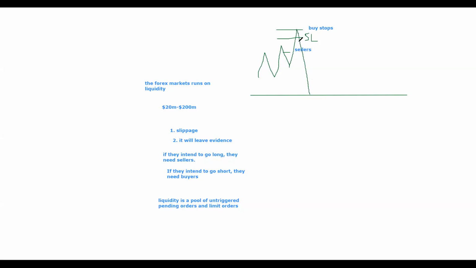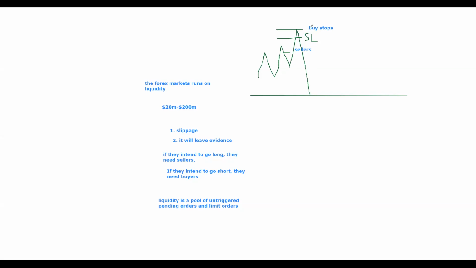What happens here? Those that are selling, their stop loss orders, because when you're selling, for you to take profit, you turn to a buyer. Your order is changed to become a buyer.